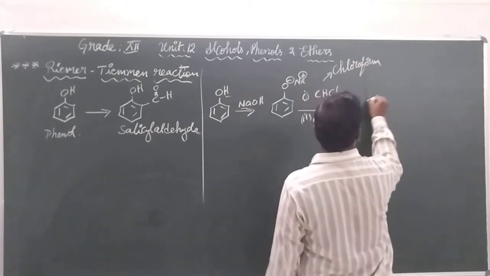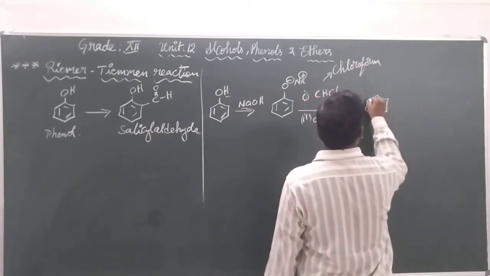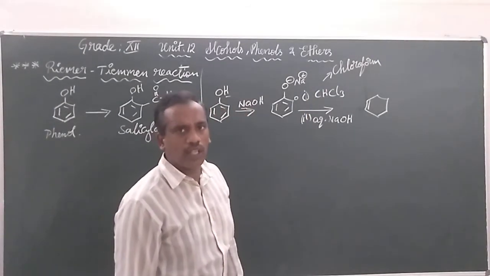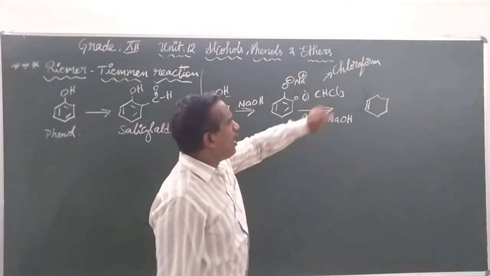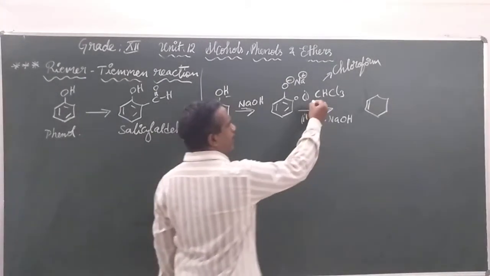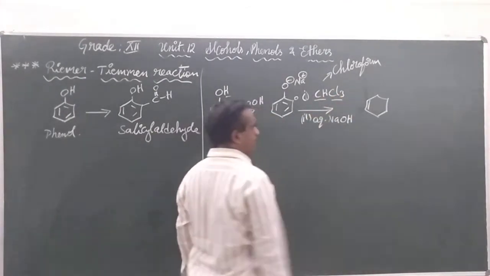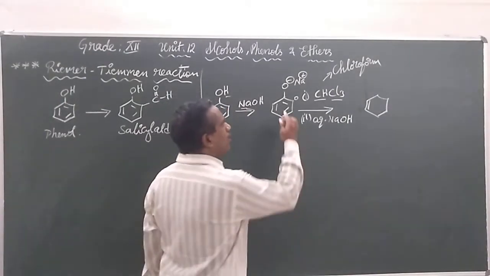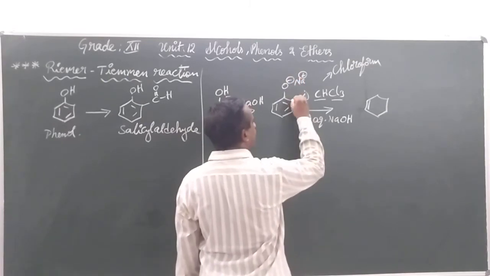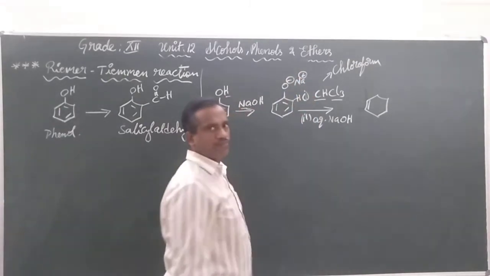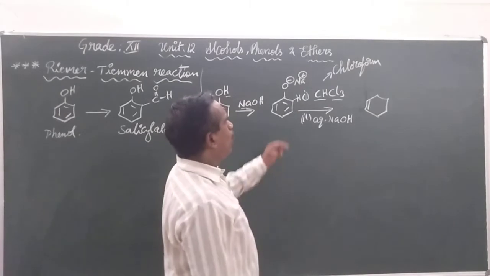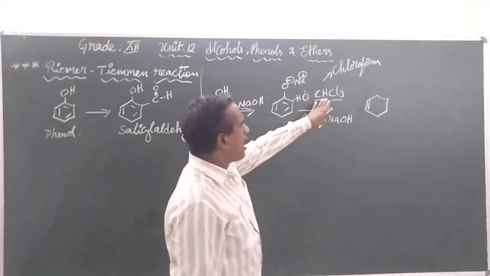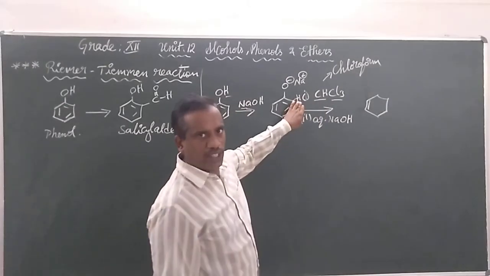Here also the reaction will take place at the ortho position to the sodium phenoxide. In CHCl3, there are 3 chlorines attached to the carbon. On the ortho position, there is one hydrogen in the phenol. Now, this group of atoms is going to take the place of the hydrogen.